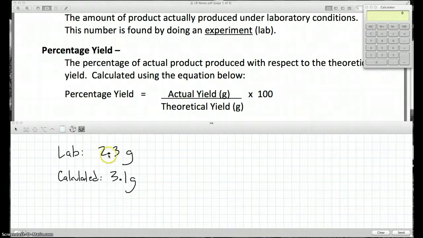So in the lab, we got 2.3 grams. The calculated number, if 100% of the limiting reactant was used up, we should have gotten 3.1 grams.